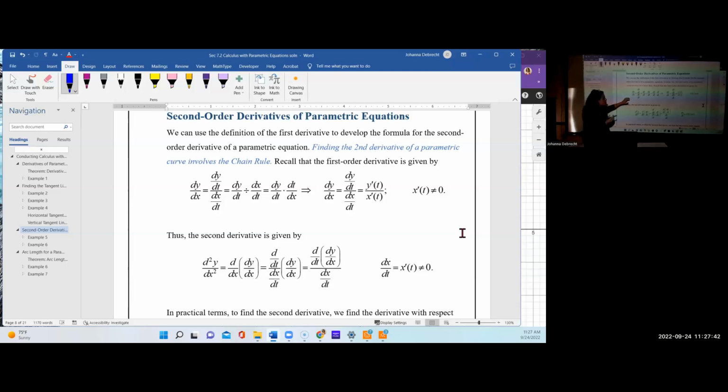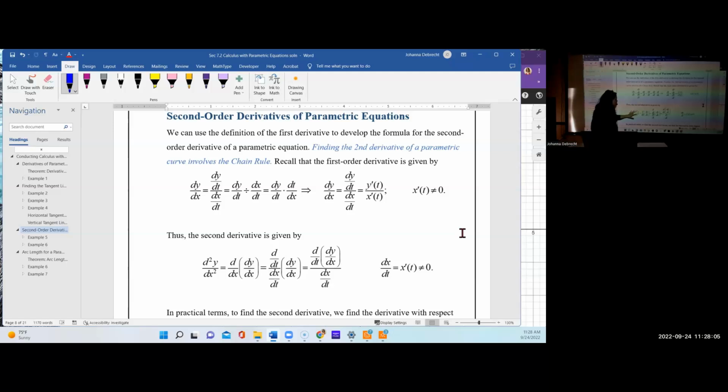So what we're going to do here is find the second derivative by applying the chain rule to the first derivative. We're going to have dy/dx, which we know is dy/dt over dx/dt, which basically is y prime over x prime. And we want to find the second derivative.